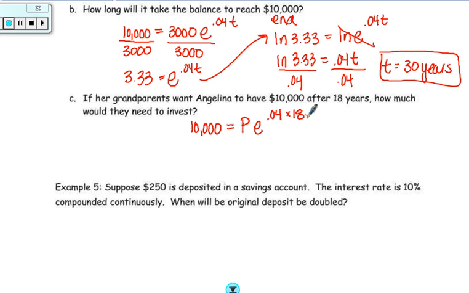Well, if I'm trying to get P by myself and it's P times e to the 0.04 times 18, I could just divide by that, e to the 0.04 times 18. And that would tell me how much I'm starting with.